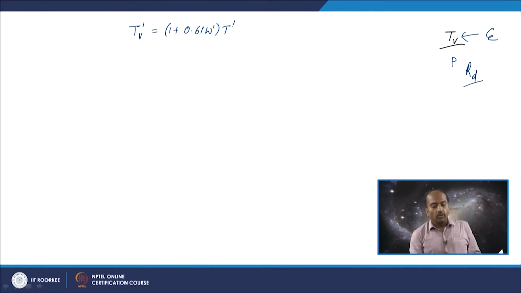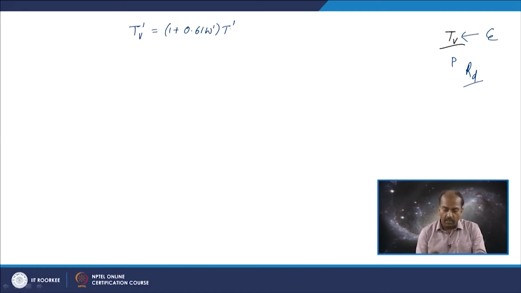The primed variables represent the air parcel and unprimed variables represent the environment. So, virtual temperature of the air parcel is 1 plus 0.61 times W prime, times T prime.